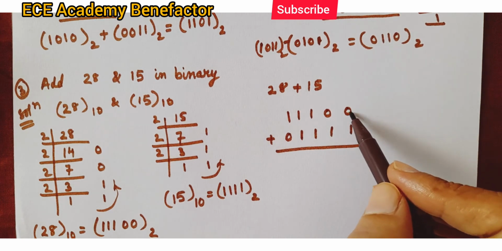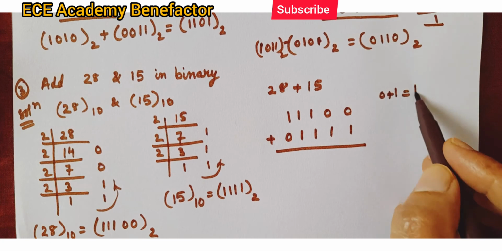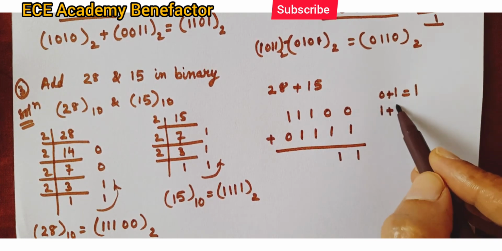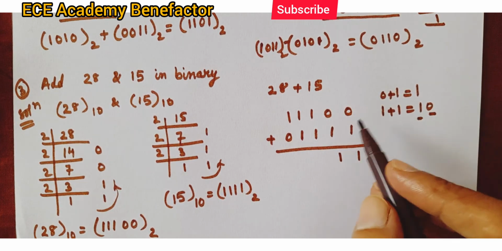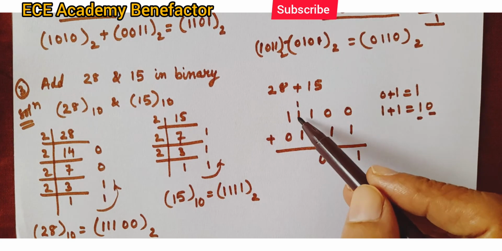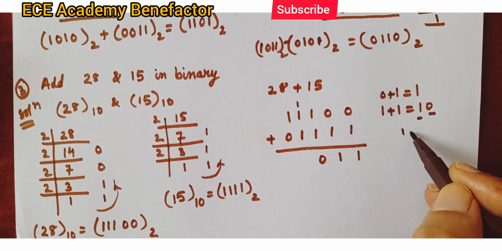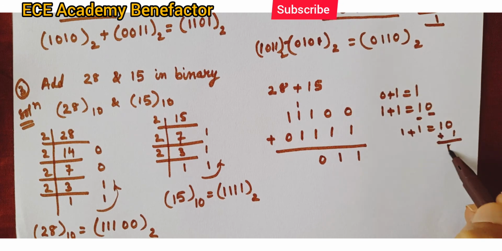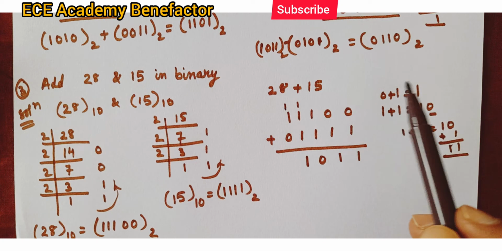Okay, so 0 plus 1 is 1, 0 plus 1 is 1, 1 plus 1 is 10, that is sum is 0, carry is 1. 0, carry is 1, 1 plus 1 is 10. 1 plus 1 is 10, so it will be 11; 1 is written here and 1 is carried.